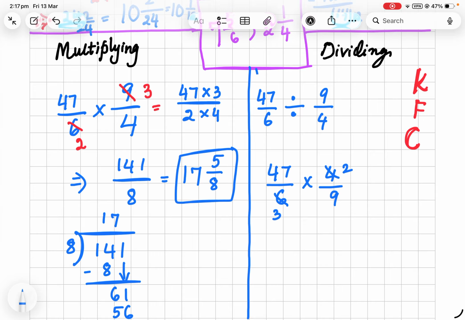Again, 2 and 3 can be simplified, but you would end up with 47 times 2 divided by 3 times 9. That's how you would end up. Now, what is 47 times 2? If you have calculators, you can use them. So 94 divided by 3 times 9 is 27.